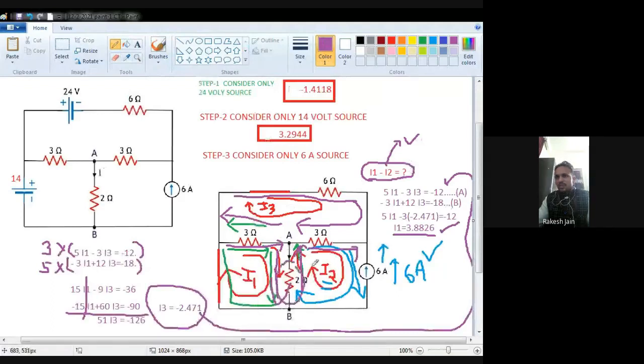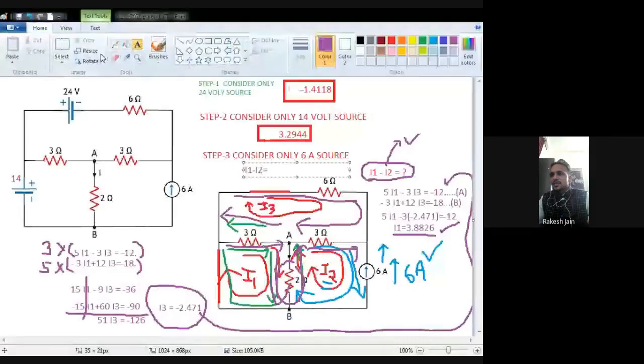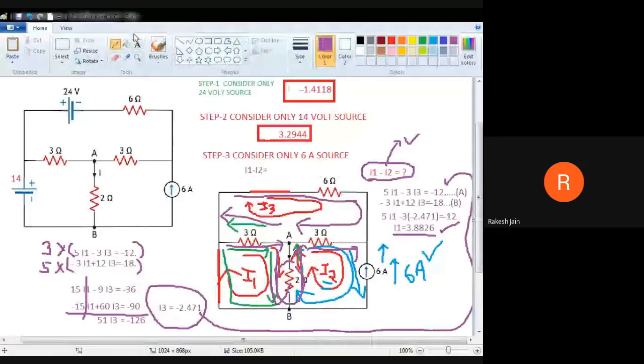Okay, let's suppose this is equation number 3. Now I change equation number first by writing the I2 value. I just put this I2 value minus 6 at the place of I2.